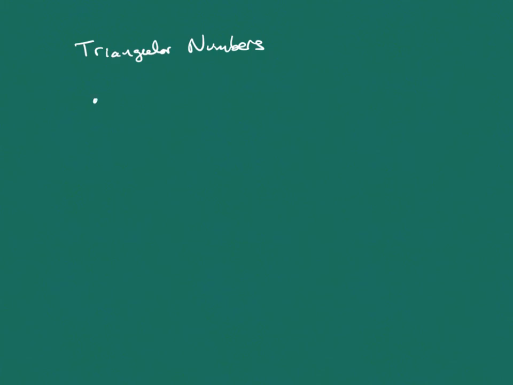So we had 1, we had 3, we had 6, and then 4, 5, 6, 7, 8, 9, 10 for that one.